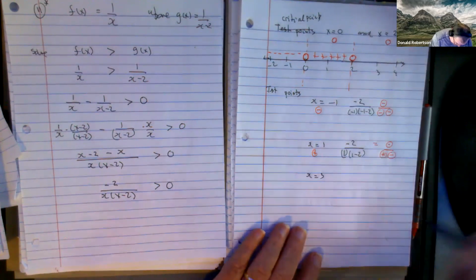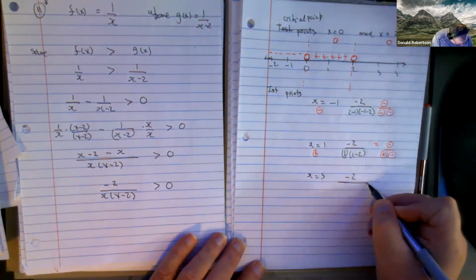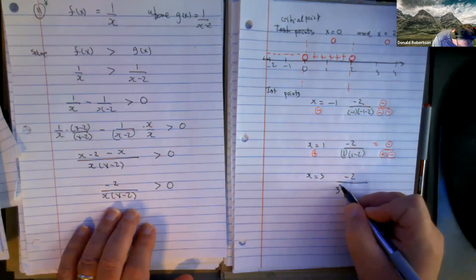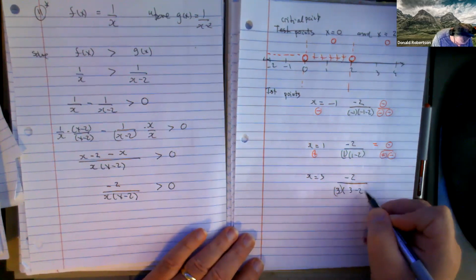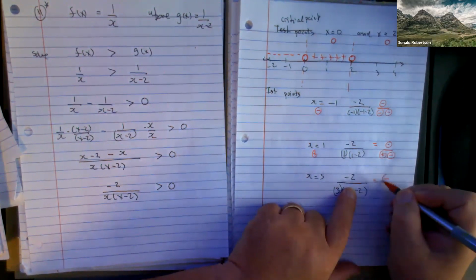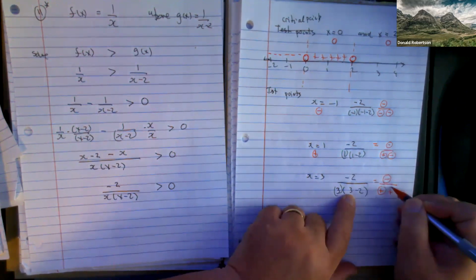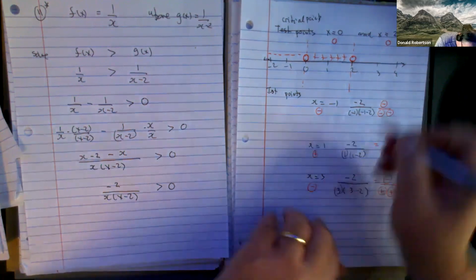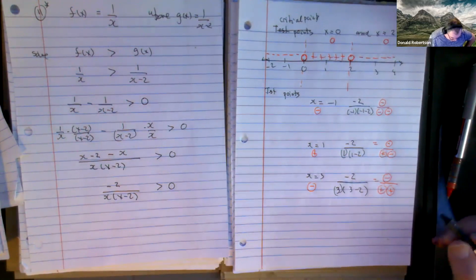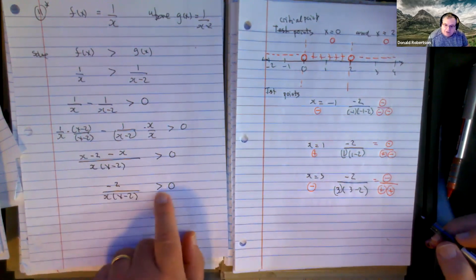And then lastly, at x equals 3, I have negative 2, and on the bottom, I have 3 times 3 take away 2. What do we get out of that? Negative 2 on the top, positive 3, positive that guy. The overall effect is negative. There we go. Now we are trying to solve when is it positive? When is it greater than 0?